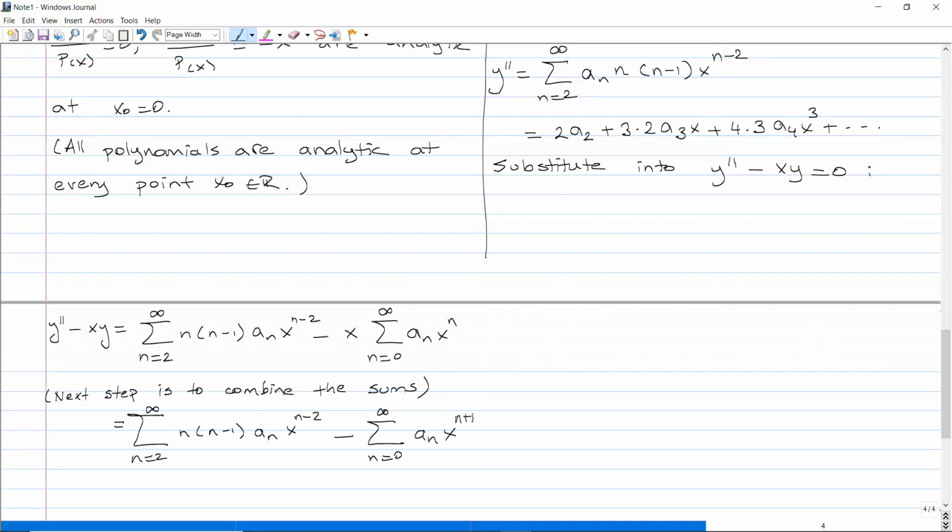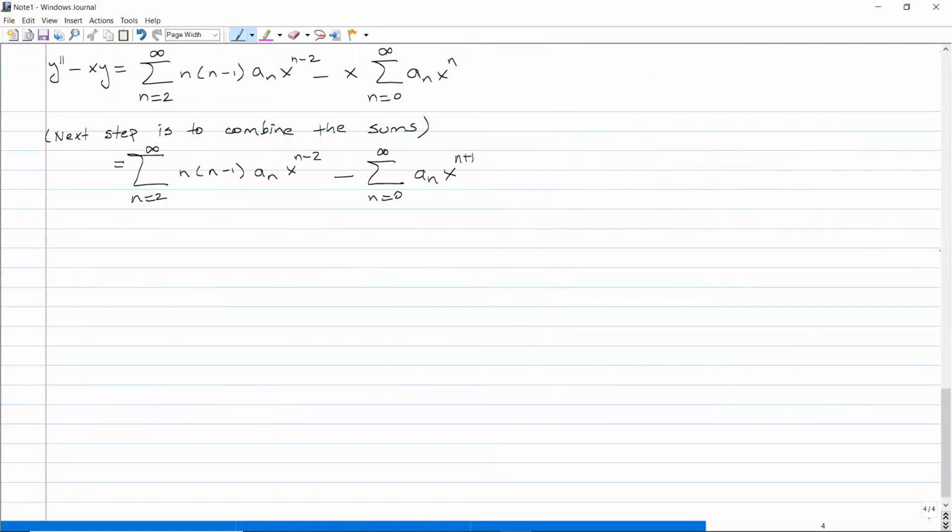To combine the sums, the first thing to do is to make the powers x to the n, by shifting the index. Look at the first sum, n starts from 2, and the power of x is n minus 2.